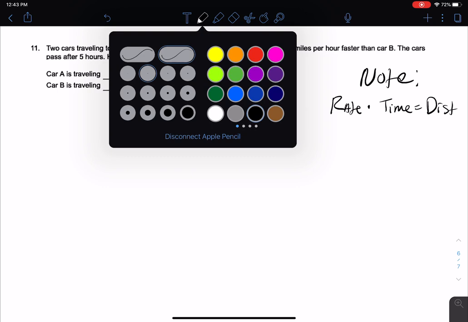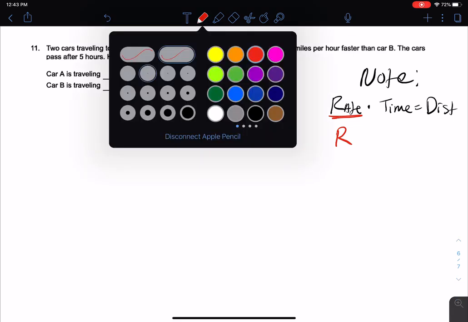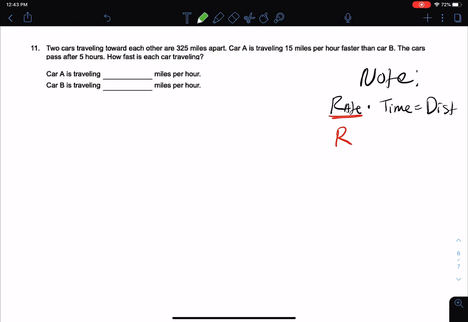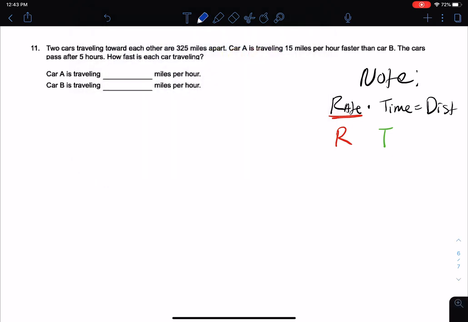And in these problems, I'm going to use some different colors. So for rate, I'm going to use a red R in this case. And for time, I'll go ahead and use green. And distance, let's make it blue. So this shows us that rate times time equals distance.